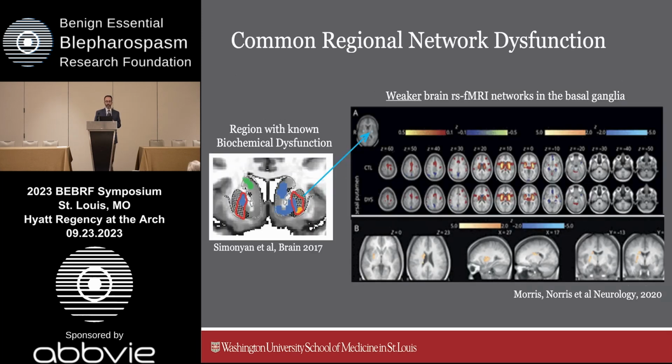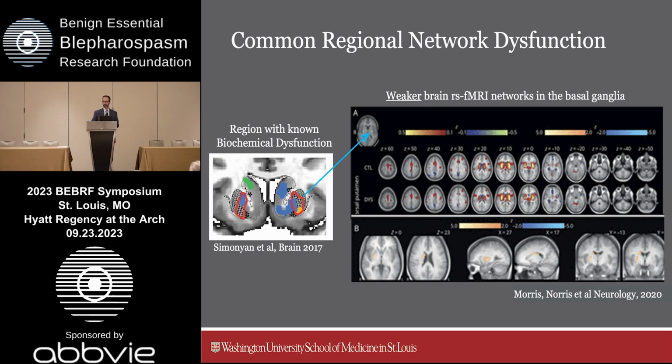And we, in particular, looked at this region of the brain, the basal ganglia. This is a zoomed in segment of the basal ganglia, which Dr. Simonian, who Dr. Bradley had mentioned earlier, had studied. She had looked at neurotransmitter levels in that region, noticed that they were reduced. When we apply that particular region, we draw a seed on that in our MRI data set.